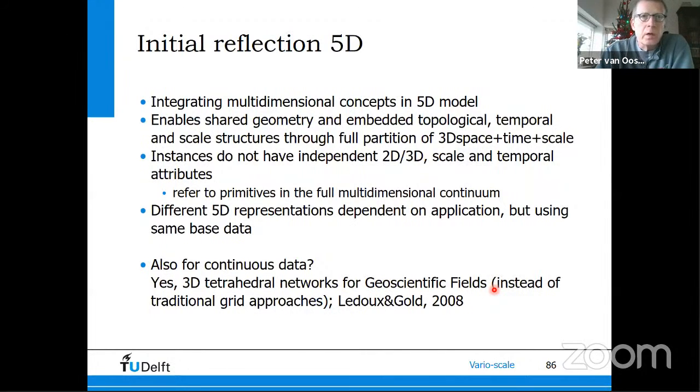I showed it for topographic data and other type land use data. You could also use it for other types of continuous data. If you look at the reference for a geoscience type of data, like elevation data or flows in the ocean, Hugo Ledoux made a paper about this topic with Chris Gold, 2008 already.